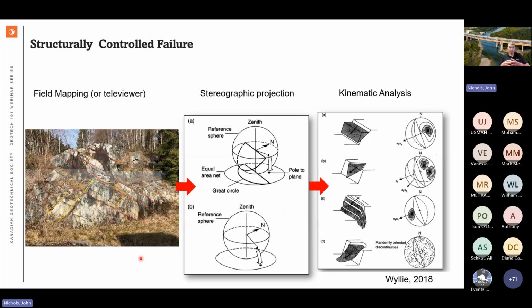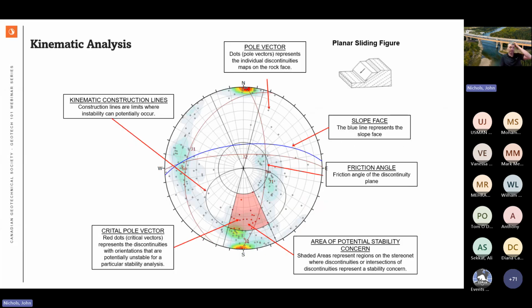This allows us to find sets of joints or discontinuities, and then we can decide which ones are random joints, and which ones have enough of the same orientation that this is a consistent set in this rock mass. Then, using that data, we can look at, okay, if I cut this rock at this certain angle, at this orientation, how will that impact the stability? So then we do a kinematic analysis. I'll dive into a bit of the kinematics.